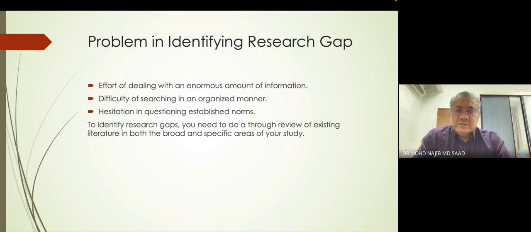So we need to study a particular area broadly, as well as narrow down to our specific area of study. And from this broad to specific area of study, by focusing on our niche areas, we will be able to identify the recent research gaps that we should explore with regard to our area of study.